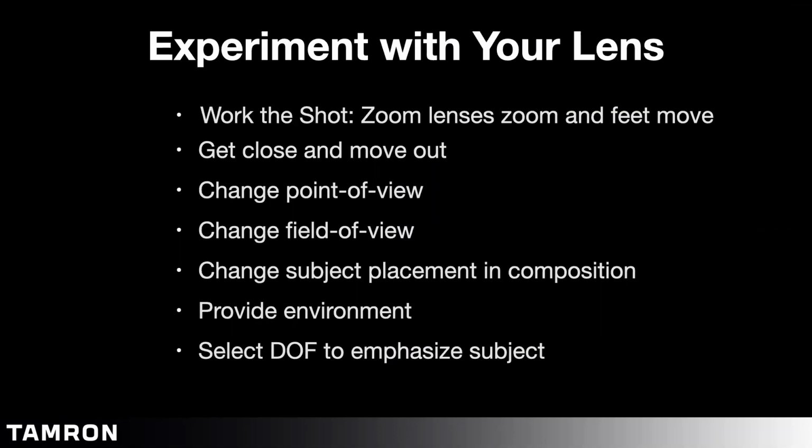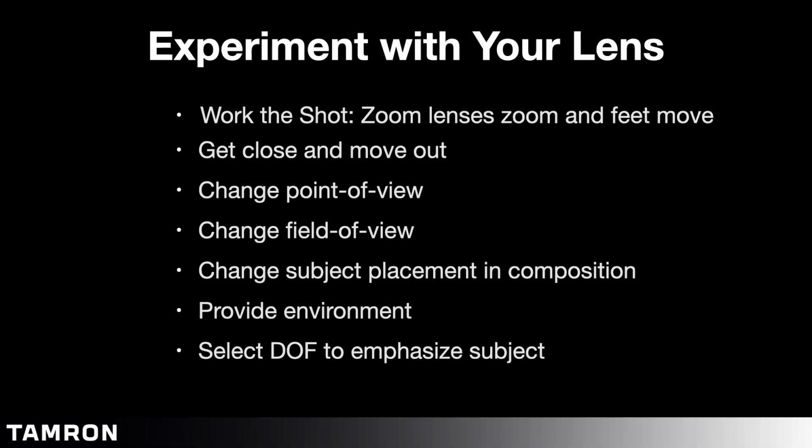Experiment with your lens. Zoom in, zoom out. If you're using a prime or fixed lens, move your feet, or do that with your zoom lens as well. And don't always shoot your scene from your normal standing height. Maybe you want to get a little bit higher. I carry a step ladder with me for some shooting situations.